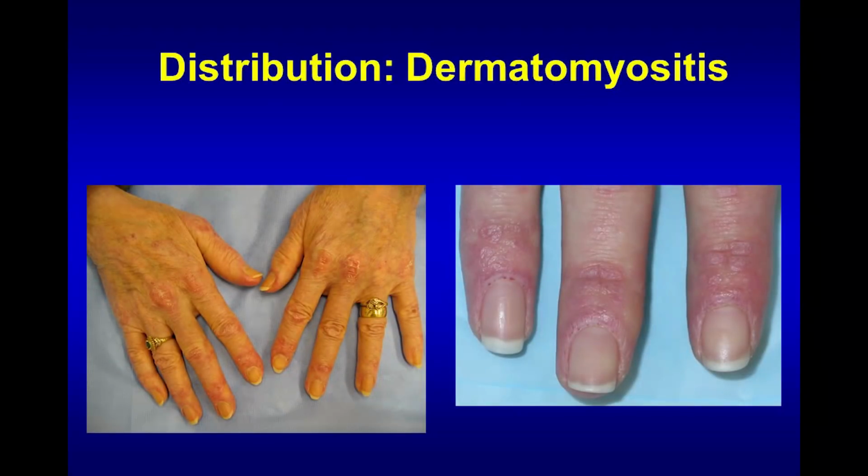Also the periungual changes, where you can often see erythema, or in this case, dilated vessels in the proximal nail fold area. There can be hemorrhages, there can be dropout. It can look identical to scleroderma. But these findings would be highly unusual in lupus, and very often we do nail fold capillaroscopy to amplify what we're looking at if we can't see it with the naked eye. These things are very important to look for to differentiate lupus from dermatomyositis.